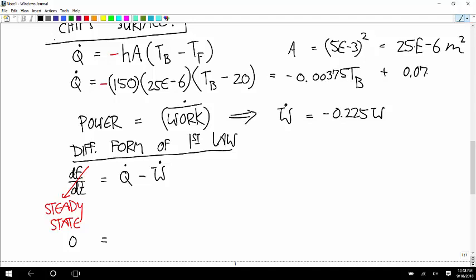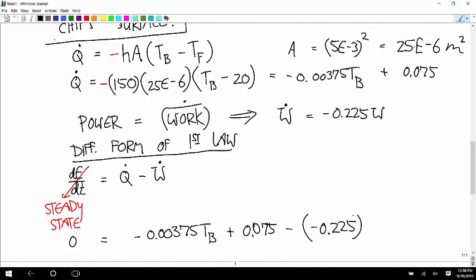So negative 0.00375 TB plus 0.075 minus, and now our W dot is negative, so this is minus negative 0.225.